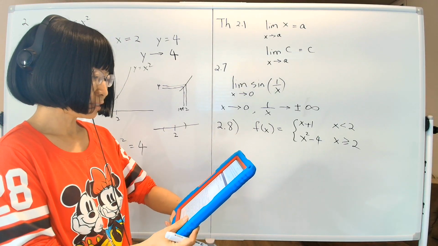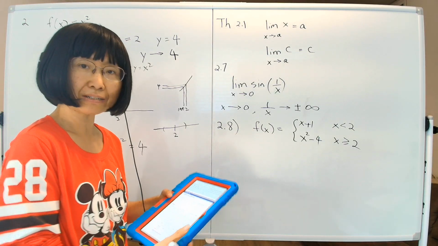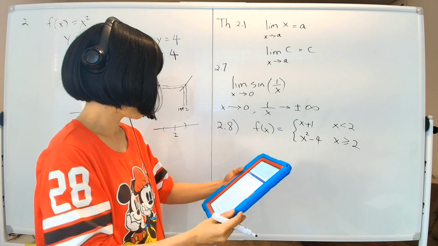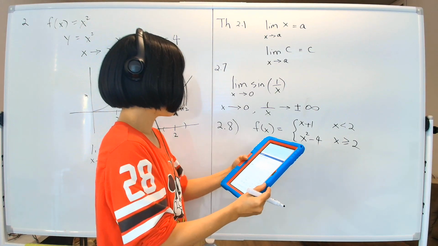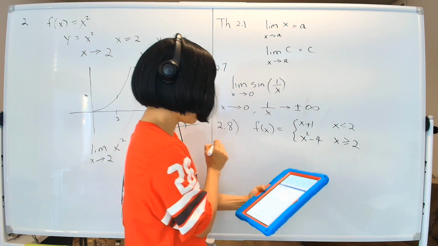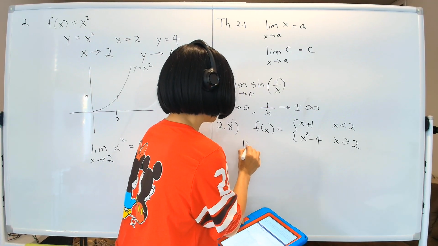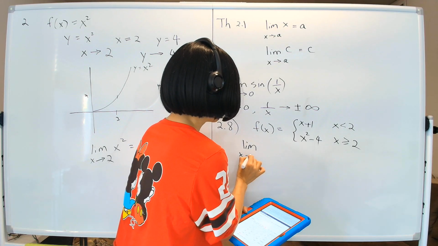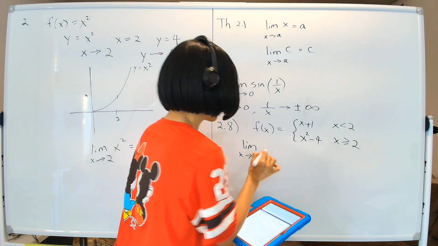Now, the one-sided limit just means you approach x from the positive or the negative side. For example, let's consider the limit of x approaching 2 from the negative side.